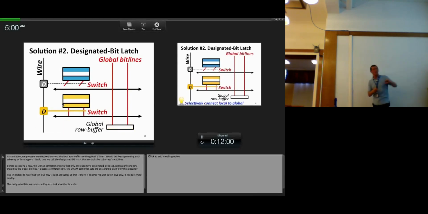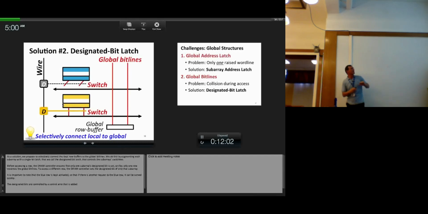So that's the idea. By selectively connecting the local row buffers to the global row buffer or global bit lines, you can enable multiple local row buffers to be active. The cost of this is a wire to set these designated bits and to decode which subarray you're going to set the designated bit for.